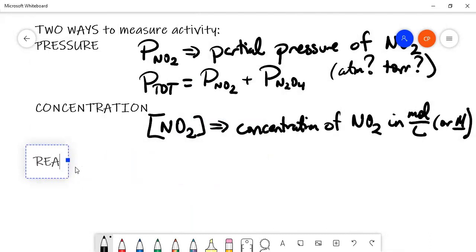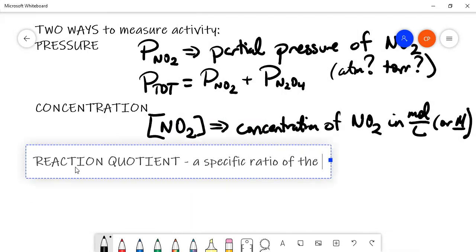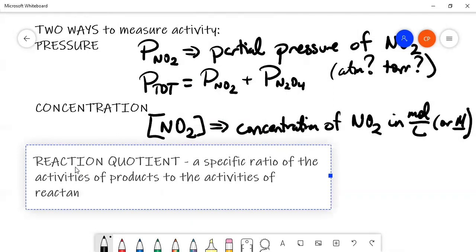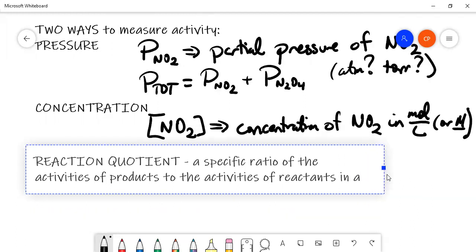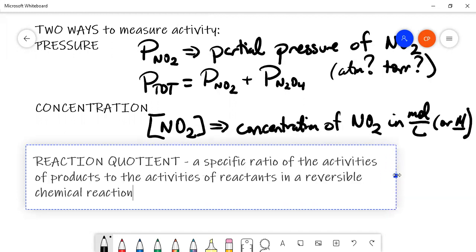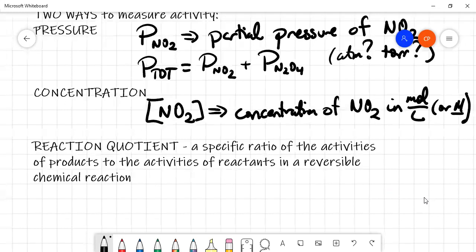Two more definitions. The reaction quotient is a specific ratio of the activities.